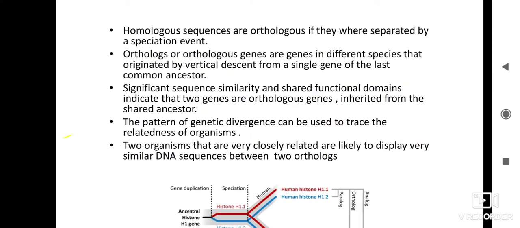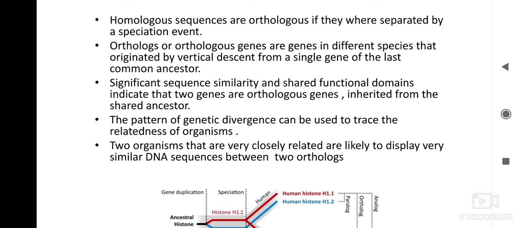Homologous sequences are orthologous if they were separated by a speciation event. Orthologous genes, or orthologs, are genes in different species that originated by vertical descent from a single gene of the last common ancestor. Significant sequence similarities and shared functional domains indicate that two genes are orthologous genes inherited from the shared ancestor.